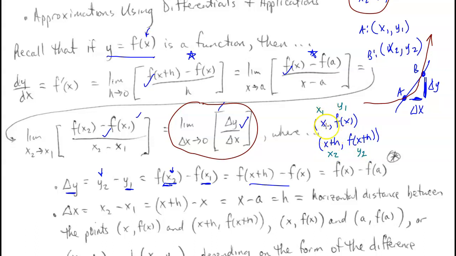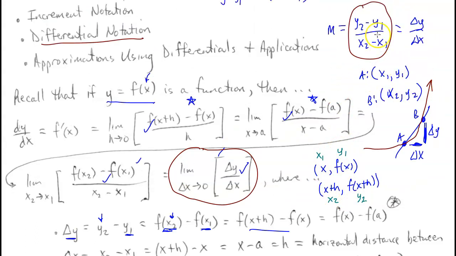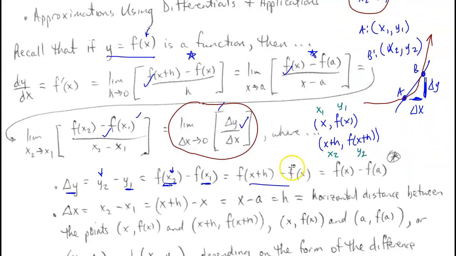If I was to substitute all this into the equation of slope of a line, then what I would eventually have is what you're seeing here, okay?